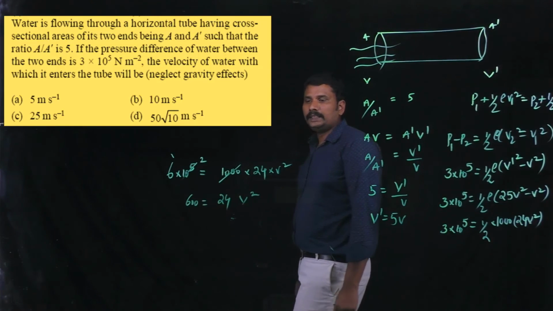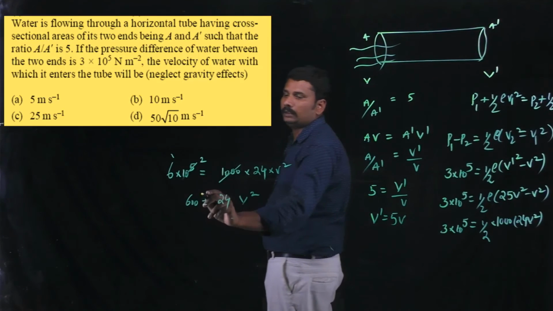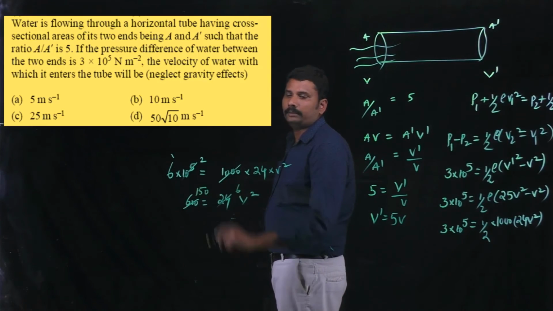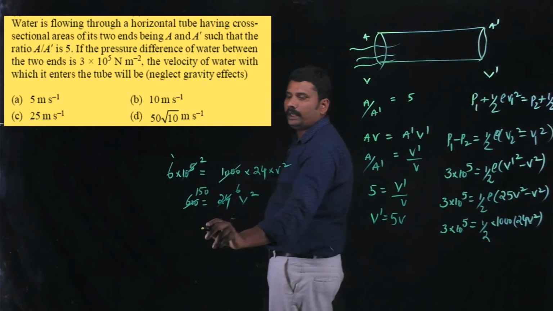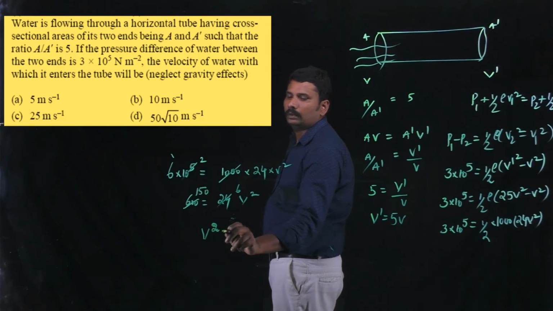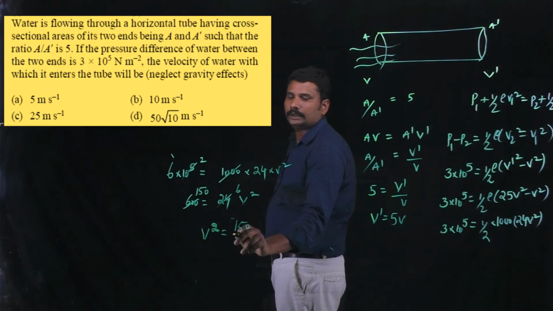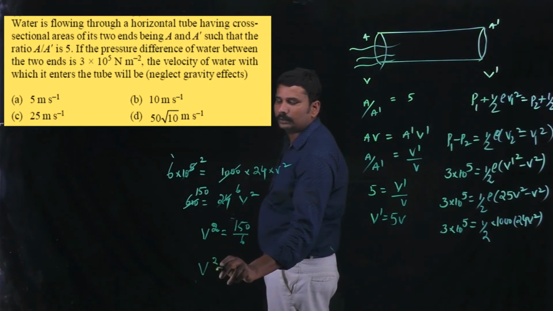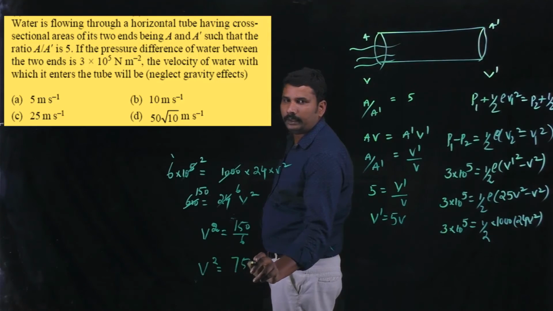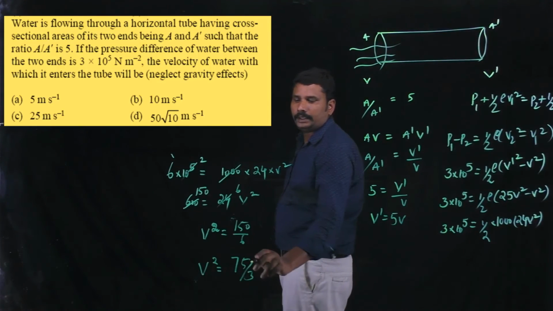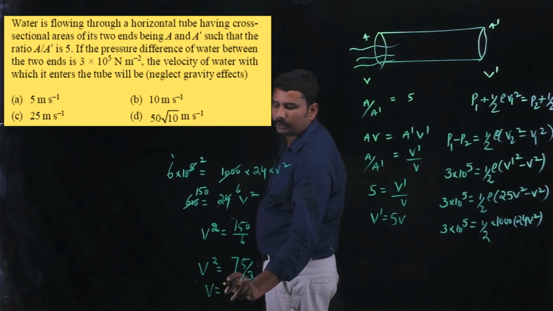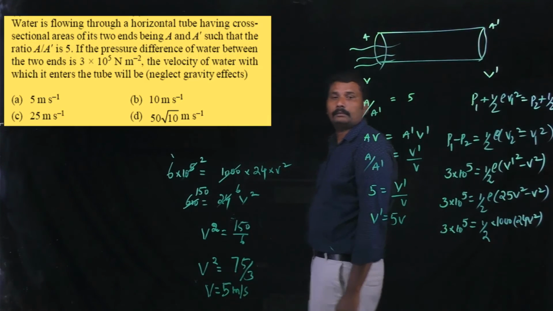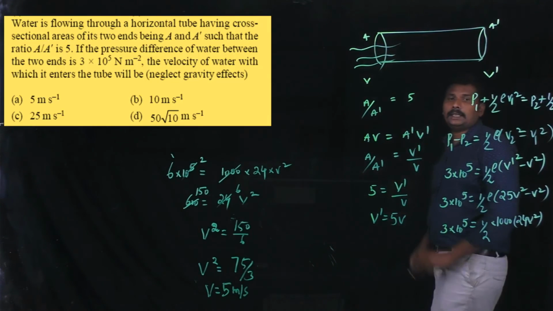By cancelling with 4, 150 equals 6 V square. V square equals 150 by 6, which is nothing but 75 by 3. It is 25. V equals 5 meters per second. So option A is the correct answer.